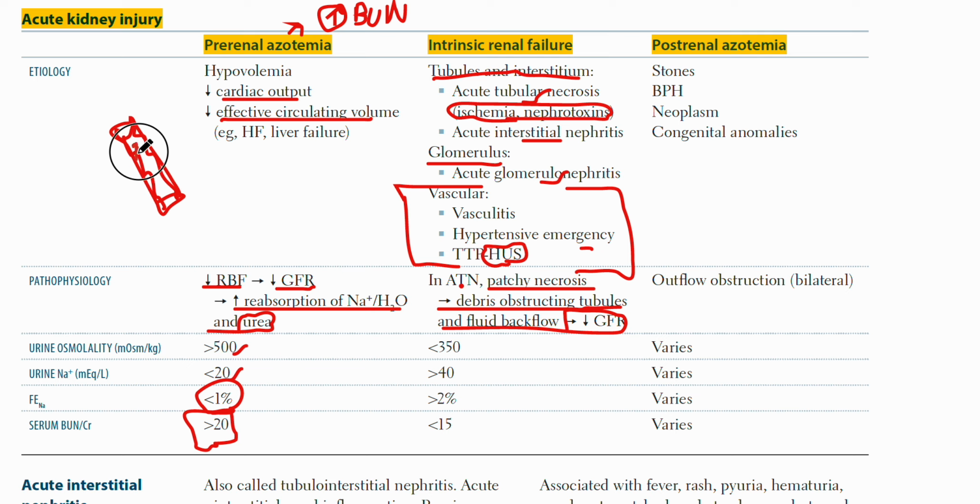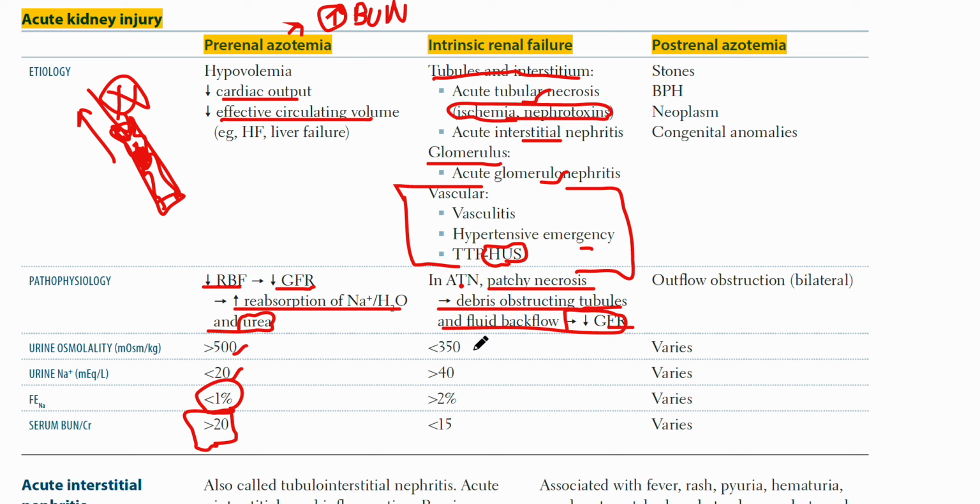They release the cast, and that will cause cast obstruction. So there is no flow here. That will lead to reversed flow, that is fluid backflow, and also lead to decreased GFR.